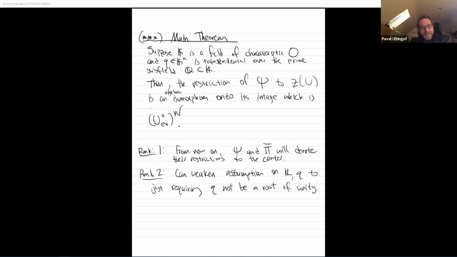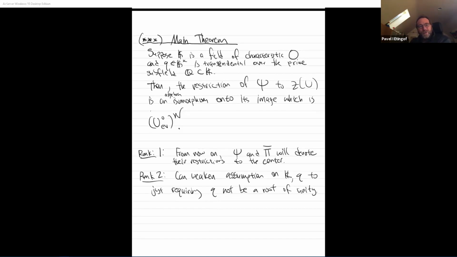Another thing maybe worth mentioning is that if we take the formal version of the quantum group, then in some sense this theorem is trivial. You can make a completion with respect to the ideal generated by k-1 and q-1 equal h bar, so it's a formal version. It's trivial because, as I mentioned before, the enveloping algebra of a simple Lie algebra has no non-trivial deformations as an algebra.